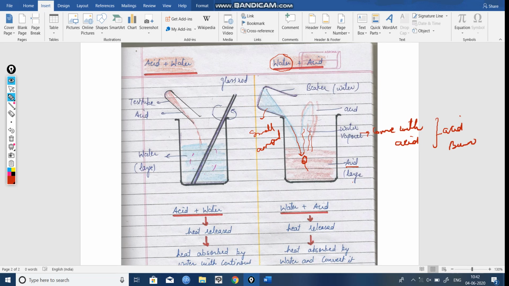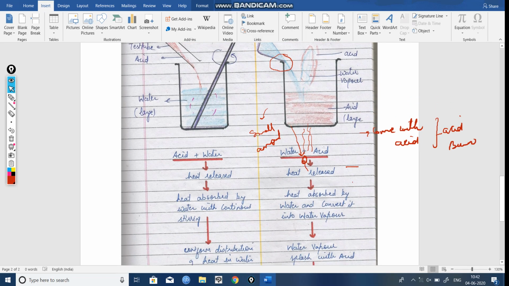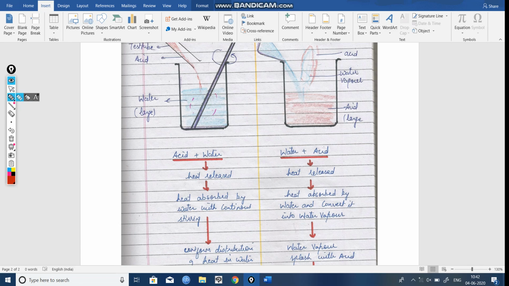So, water plus acid, a high amount of heat is released. Heat is absorbed by water and converted into water vapor. Water vapor comes out with acid, splashes, and causes acid burn.